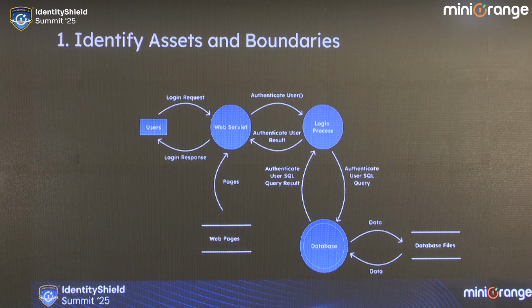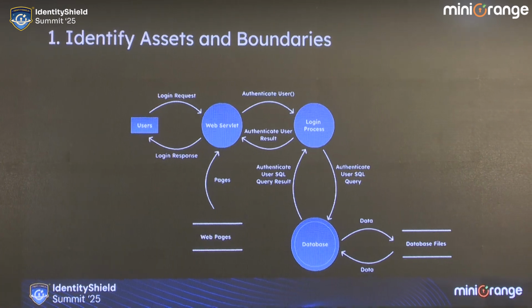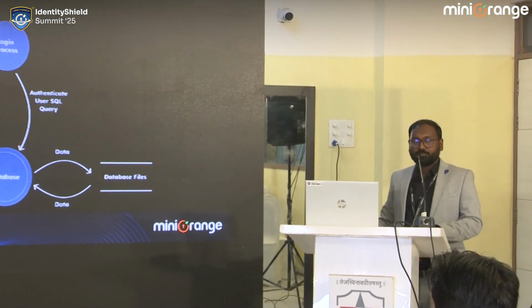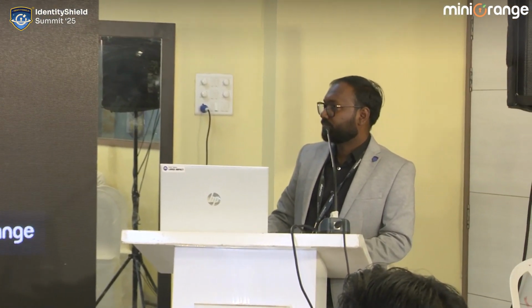Those represent the stored information, basically. And double circles mean process. So in this model, you can see that there is some flow. The first part we need to do here is identify the assets. So these are your assets.